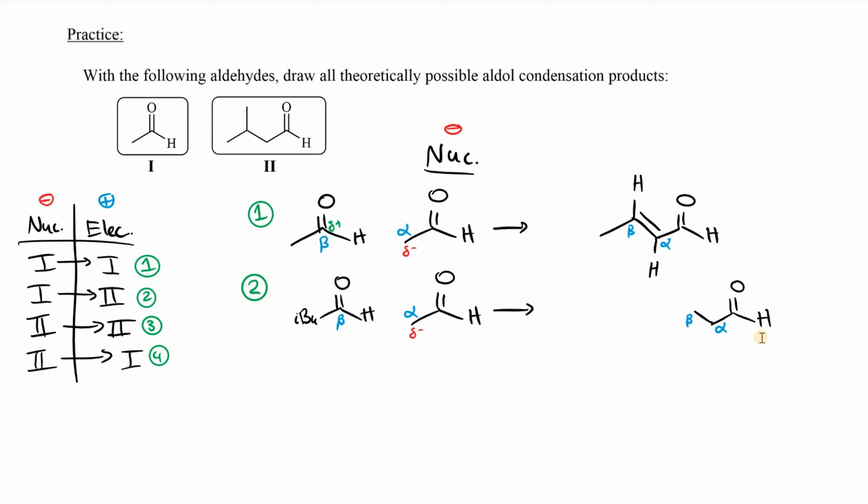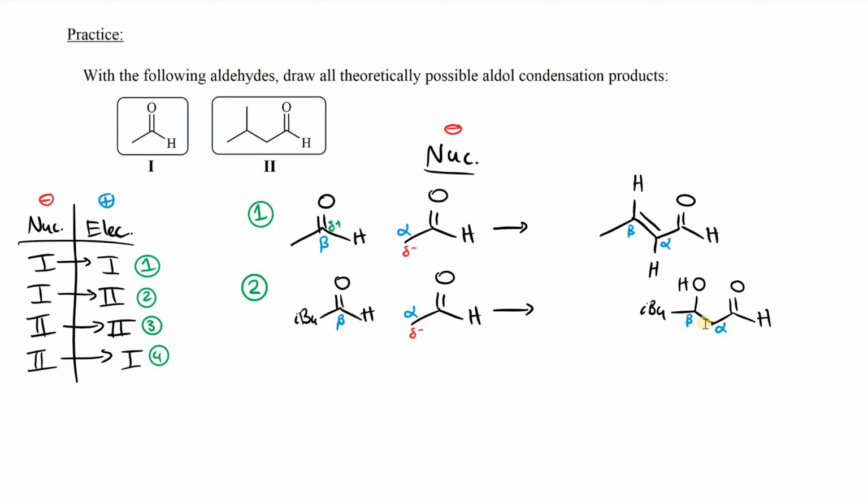All we do then is analyze what is bound to alpha, what is bound to beta. So alpha doesn't contain anything. Beta had the carbonyl oxygen, which becomes a hydroxy. So let's put that in. And it also had this isobutyl, so let's put that in right here. We don't need to draw on this hydrogen.